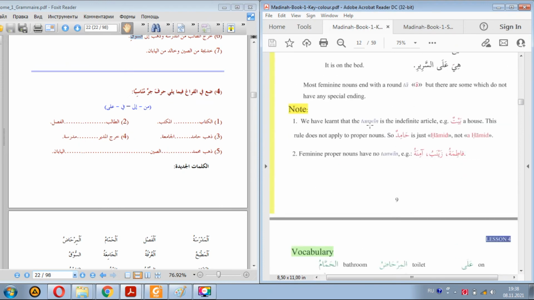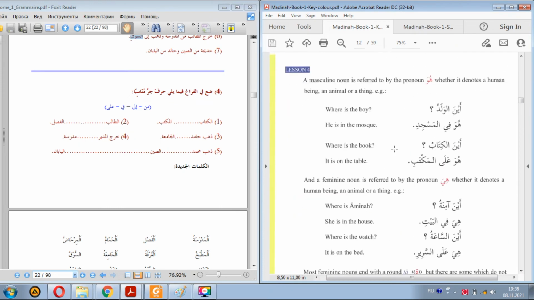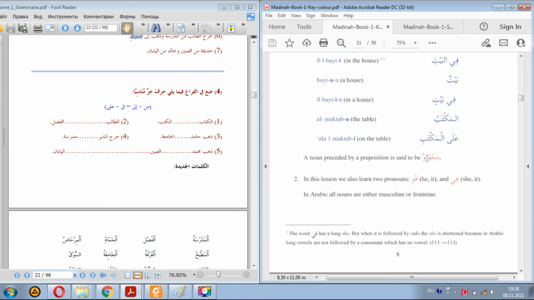Because if a noun is preceded by a preposition, if they come before the nouns, then these nouns are turned into majroor, and therefore they are called harfu jarr, because they turn the word that comes next into majroor.